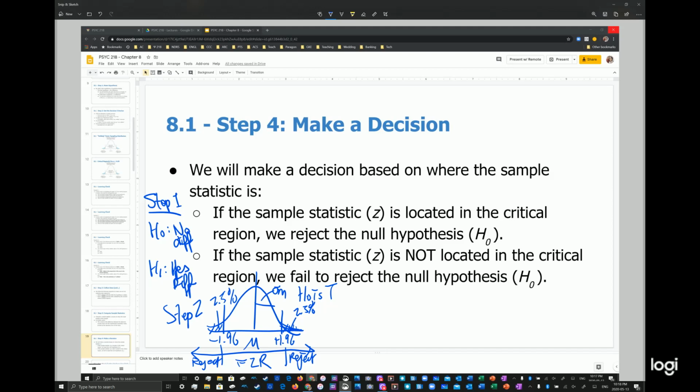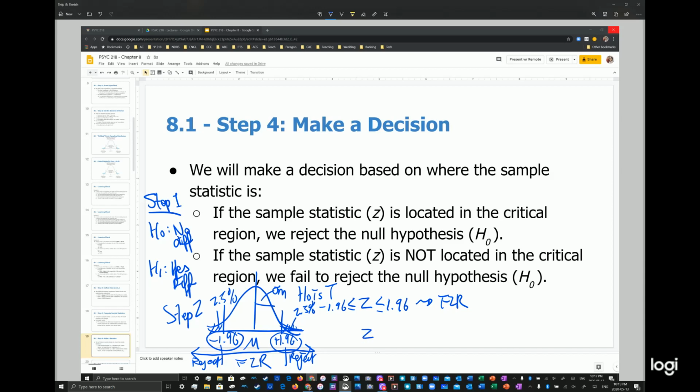If you happen to get a z-score that is translated from a sample statistic, a sample mean, where the z happens to be like 3 or -3 or 2.5 or -2.5, anything that has a greater distance than what you set as your critical value that dictates your critical region, you go, oh, I'm going to reject it. So you might write something like this. If the z is within 1.96, then I'm going to fail to reject the null.